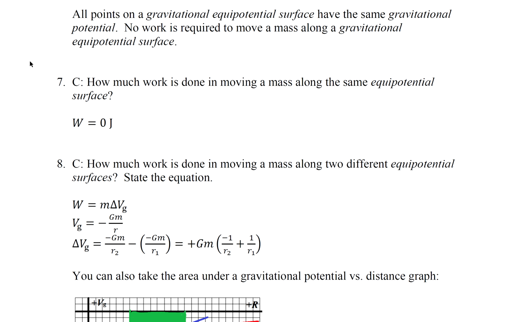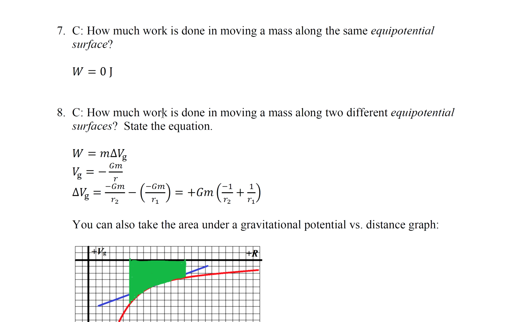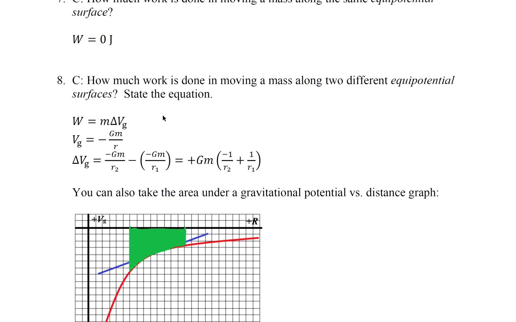Question 8. How much work is done in moving a mass between two different equipotential surfaces? State the equation. So it's like you're moving horizontally above the surface of the Earth. You have the same mgh, but then you jump up or you jump down. So now you're going to jump between two different equipotential surfaces.